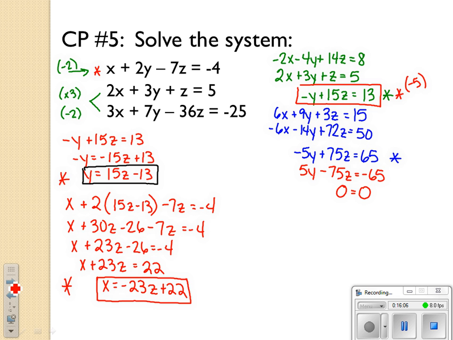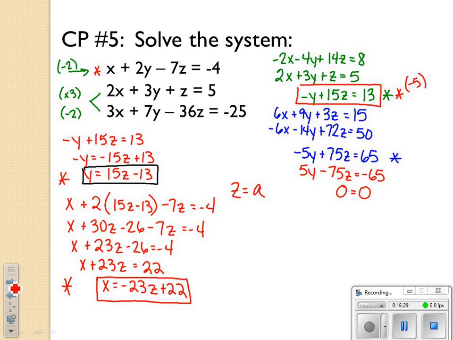So at this point, we're just going to pick a number for z. The book says to let it be the constant a. It could be a 1. You could let z equal 1, plug it in, find the x and the y that go with that. You could pick a 2, plug that in, find the x and the y that would go along with a z value of 2. Again, there are an infinite number of solutions that we could find.